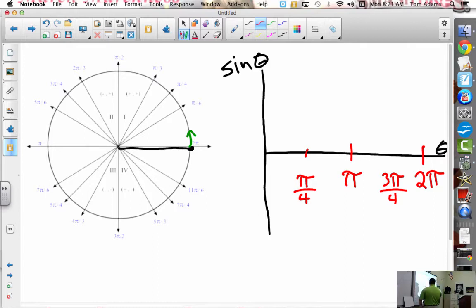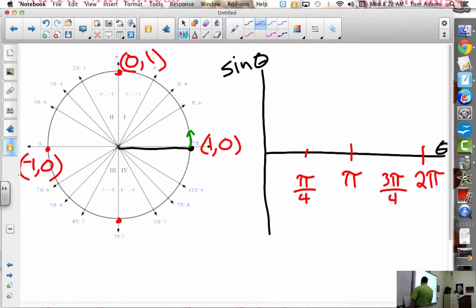At this point here, sine, remember we have 0, 1 on the unit circle. We have, or no, I'm sorry, this is 1, 0. Here we have 0, 1. Here we have -1, 0.